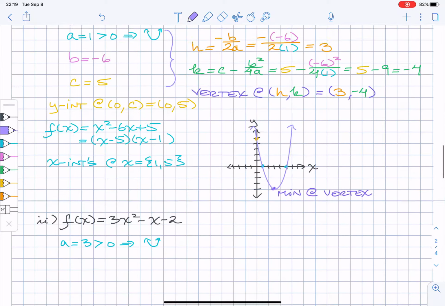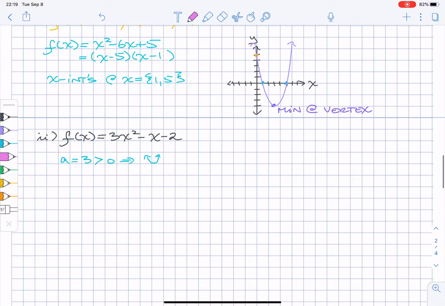B, which is the linear coefficient, is -1. This is a -1 right there. C, which is the constant coefficient, is -2.